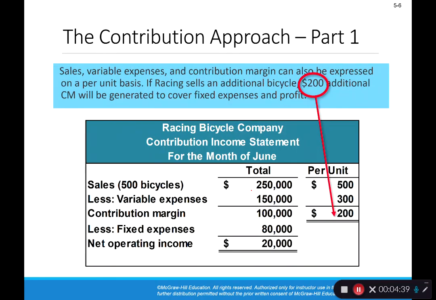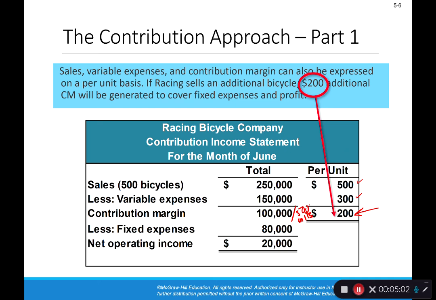We can calculate our CM in total, which is what the $100,000 represents, or we can calculate it on a per unit basis. How do we get the per unit basis? Well, we could take our selling price minus our variable cost per unit in order to figure that out. Or we could take our total contribution margin divided by the number of units and get the same answer.